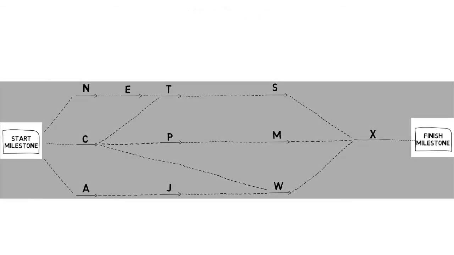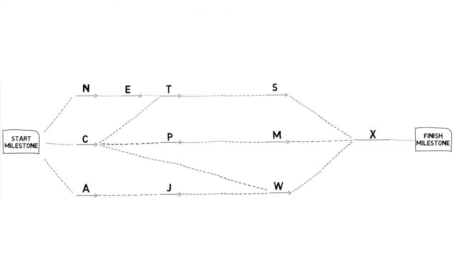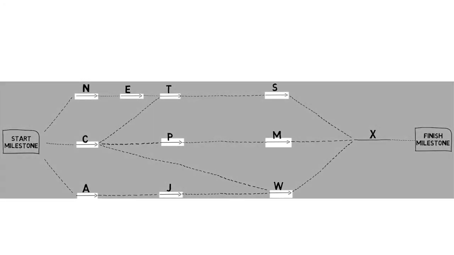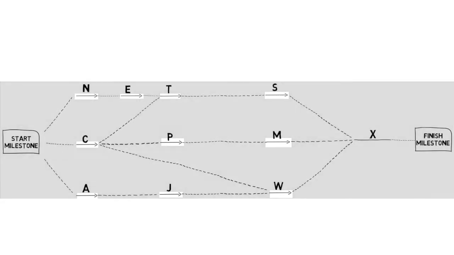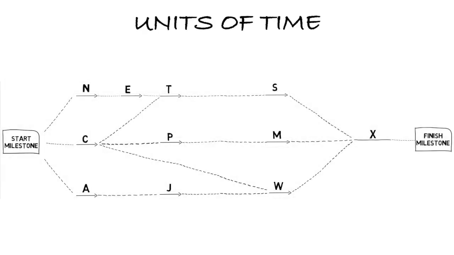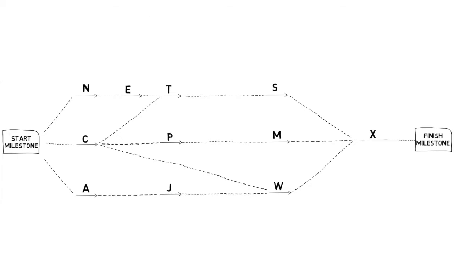Milestones represent a point in time, whereas the arrows or line items that we have created in our example have a time duration. These durations are in units of time. They can be days, weeks, months, or even years. They can also be seconds, minutes, or hours. It really depends upon the type of activity or what the project is.